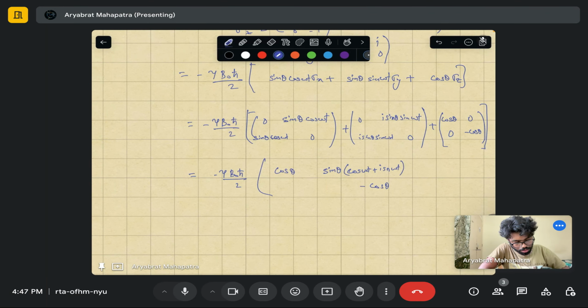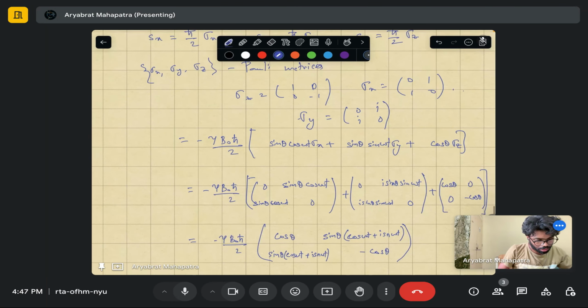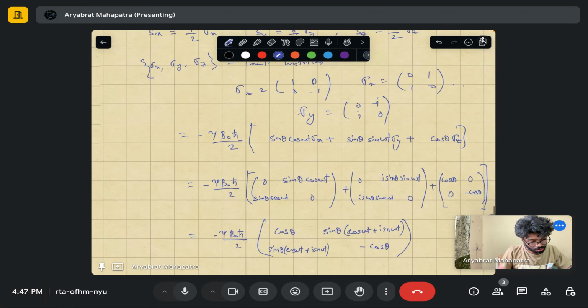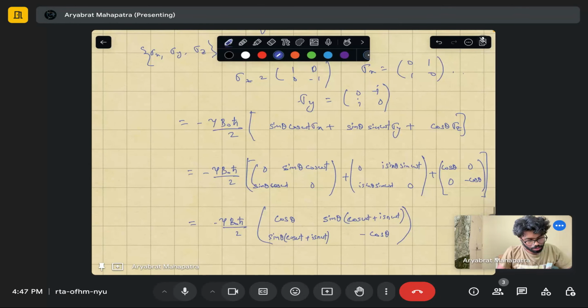Here you have sin theta, again cos omega t plus i sin omega t. I think there was a mistake earlier in defining the Pauli matrices. There will be a minus sign here, which I missed. Sorry for that.